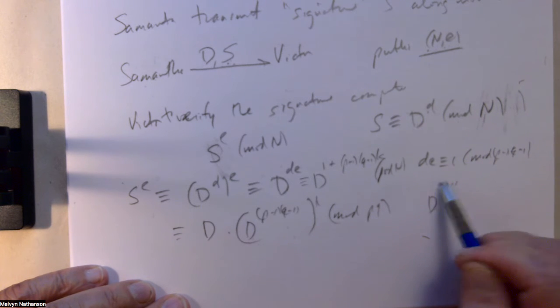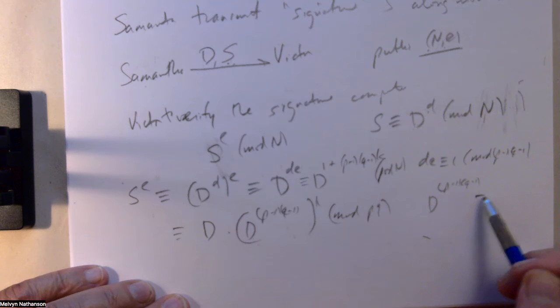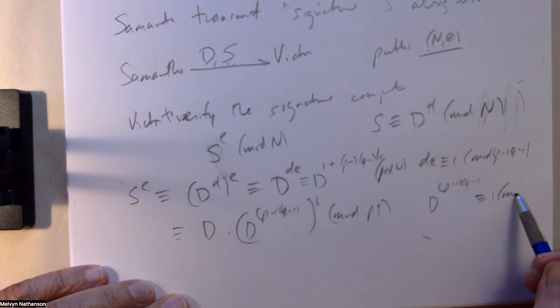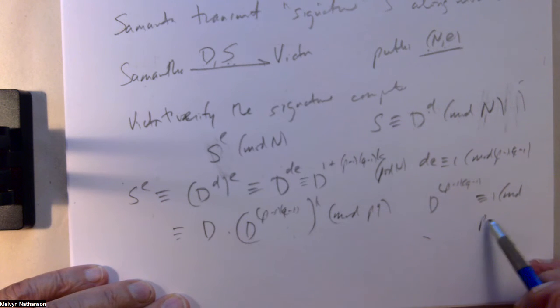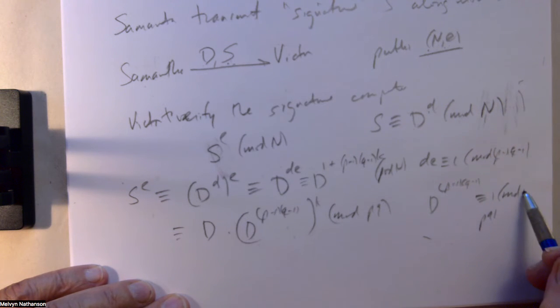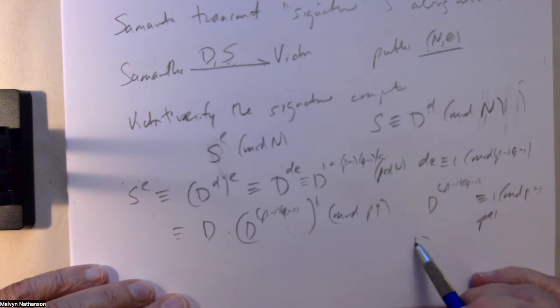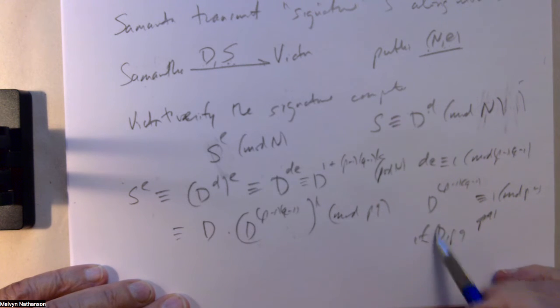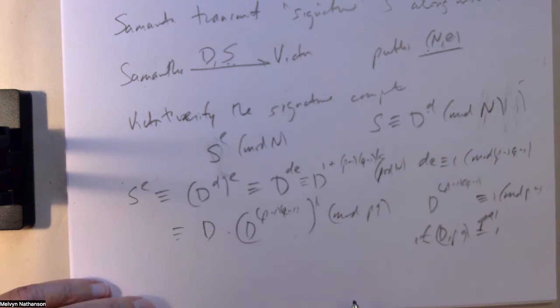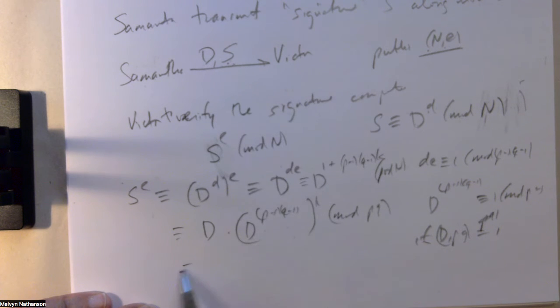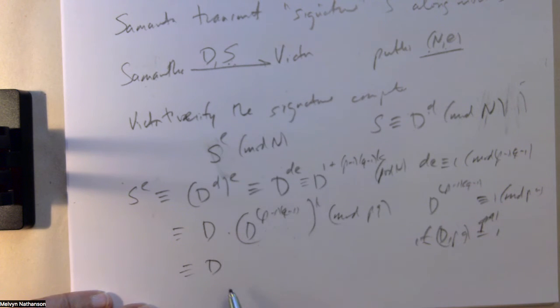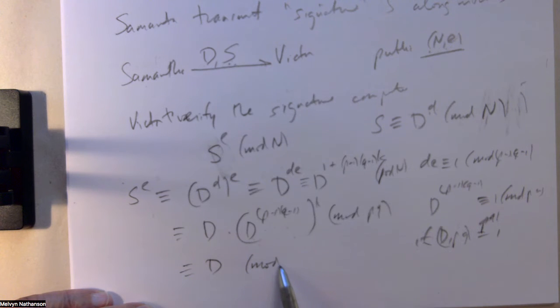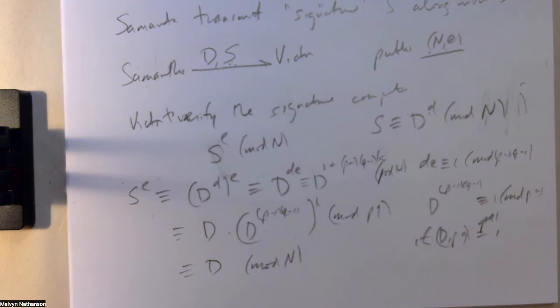But D to the P minus 1, Q minus 1 is congruent to 1 mod PQ, if D and PQ are relatively prime, which they have to be. This is just 1. So S to the E is just D mod capital N.